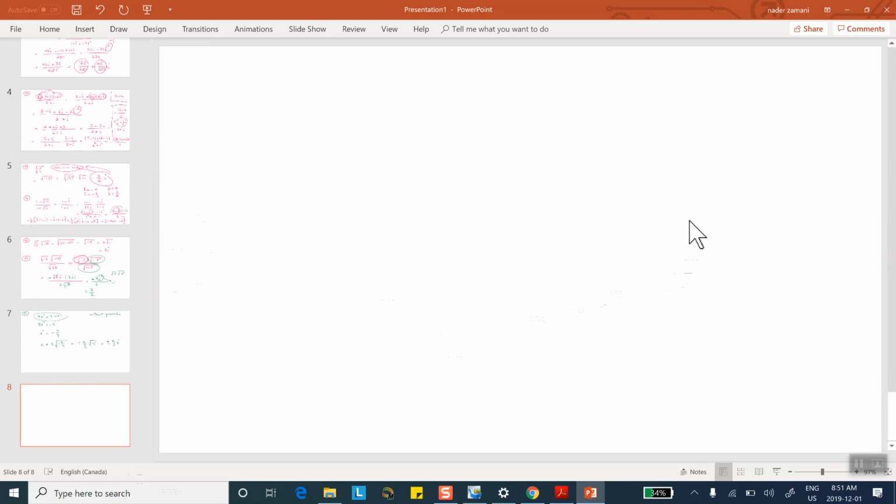Okay. Next one is 56. x squared plus 2x plus 2 equal to 0. Here, it is wise to use the quadratic formula. So your a is 1, your b is 2, and your c is also 2.